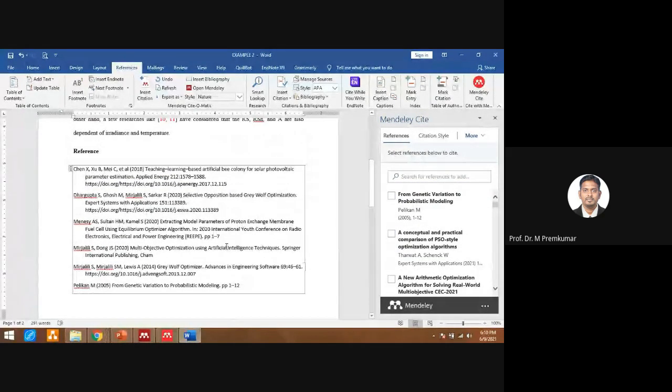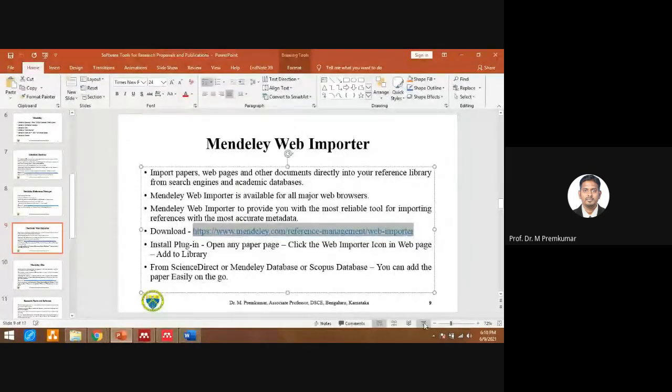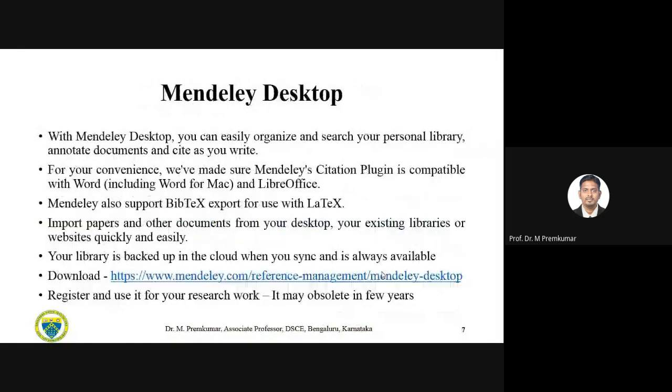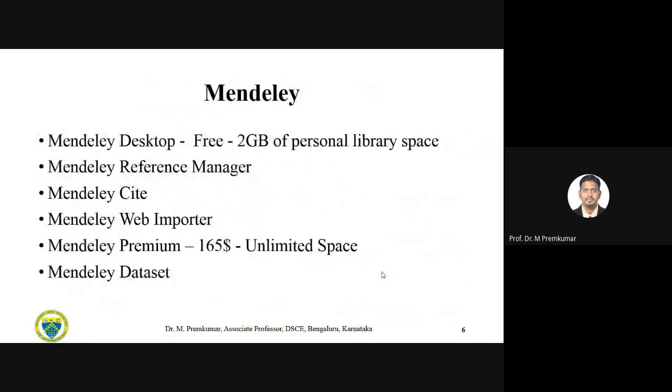Okay, so these are the advantages of the IT tools available for research publications as well as research proposals. I hope all these products will be very useful for you to write quality papers. You can save much of your time with these tools.